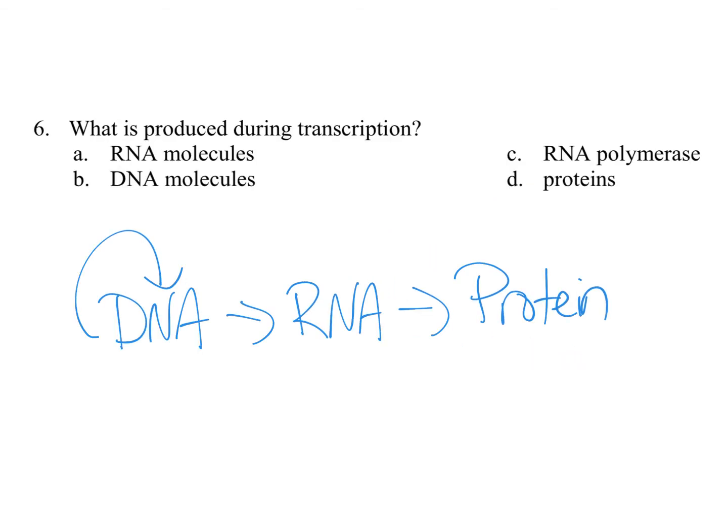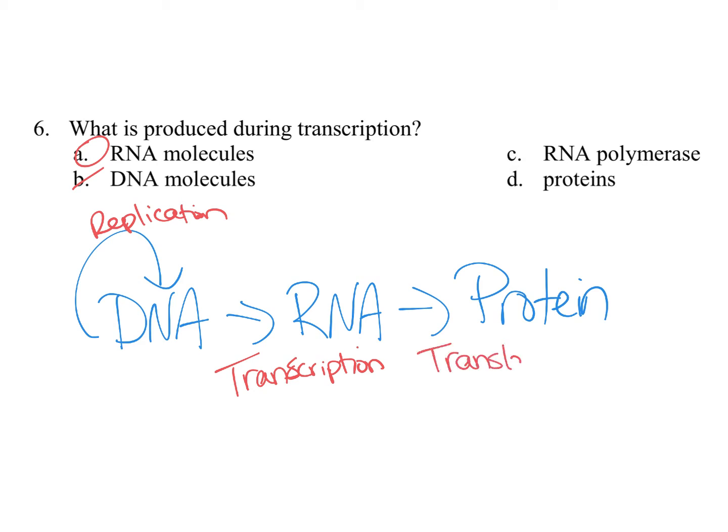So for number 6, it asks what is produced during transcription. So I brought back this flowchart. DNA to DNA is replication, so it's not a DNA molecule. DNA to RNA is transcription, so an RNA molecule is made.